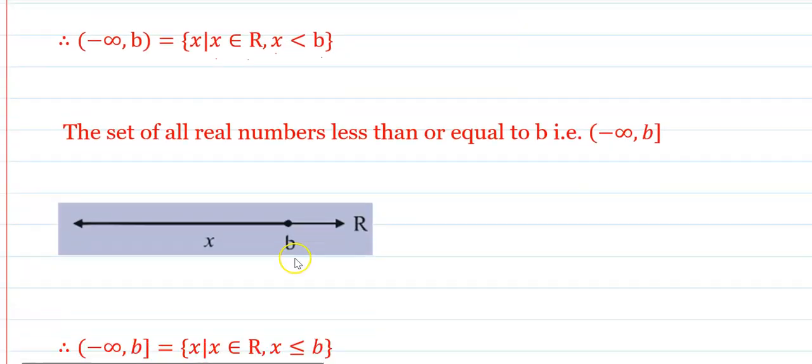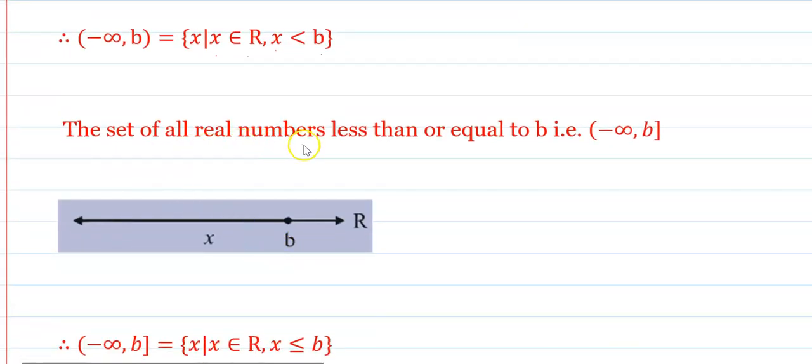Okay. Now the next, the set of all real numbers less than or equals to b means what? All these elements are less than or equal to b means what? We are including the b and all the elements which are less than b. Okay, these are the representation of the sets.